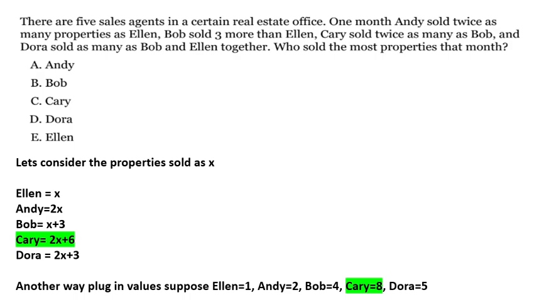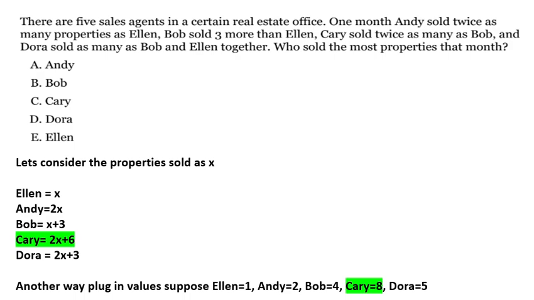Andy should have sold two properties. Bob has sold three more than Ellen, so he should have sold four properties. Carrie has sold twice as many as Bob. Bob has sold four properties, so Carrie should have sold eight properties.